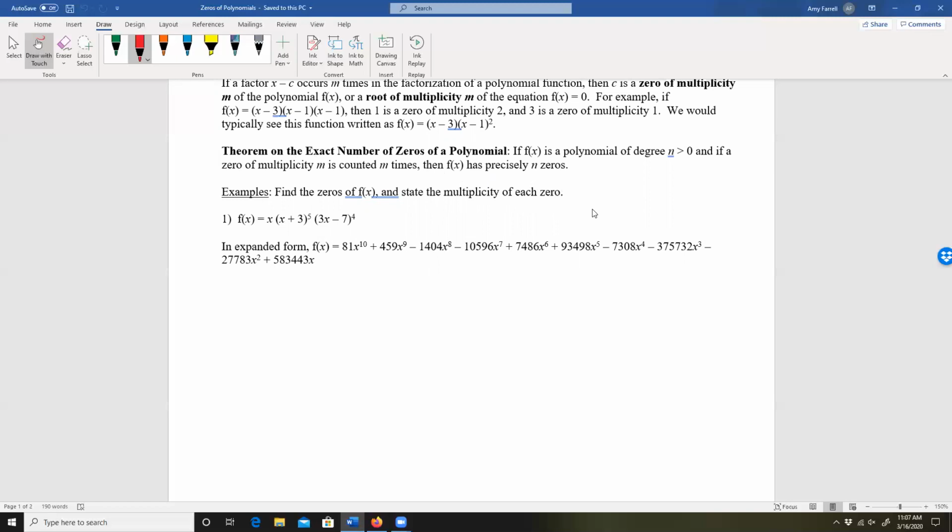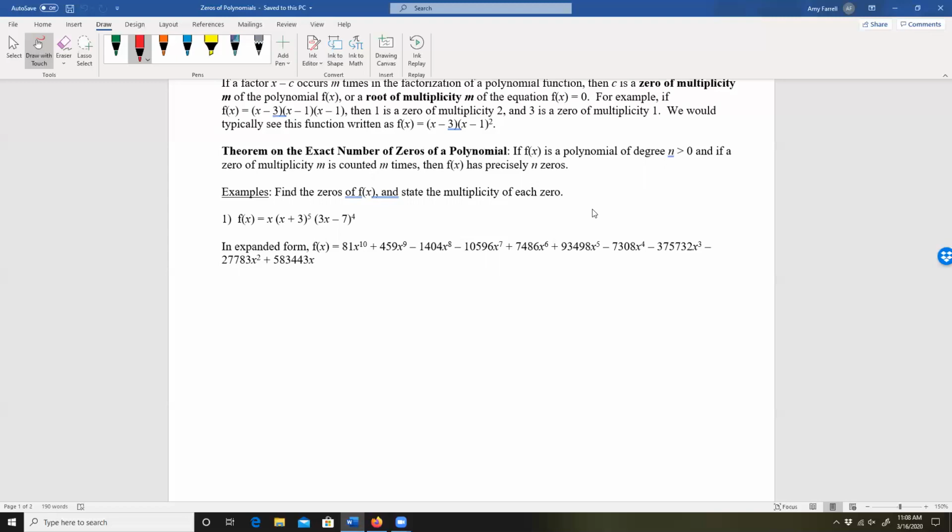So we have this polynomial function, f of x equals x times the quantity x plus 3 to the 5th times the quantity 3x minus 7 to the 4th. To explain this theorem, I actually typed this into a math website and asked it to expand.